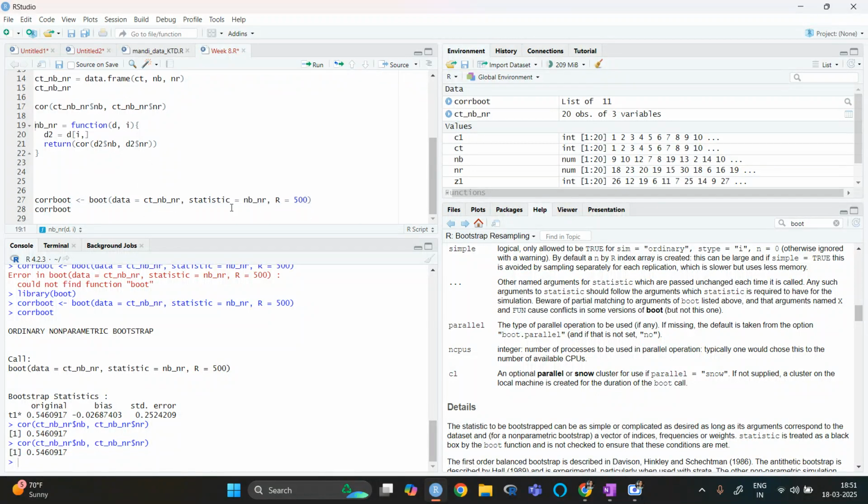But here, how will it find the correlation? For that, I need to give it a statistic. So I have given it a statistic, where I will be like 1, 2, 3 up to 500 because I am taking R as 500. So it will take up to 500 and then take the correlation of NB and NR. So I have given the data.